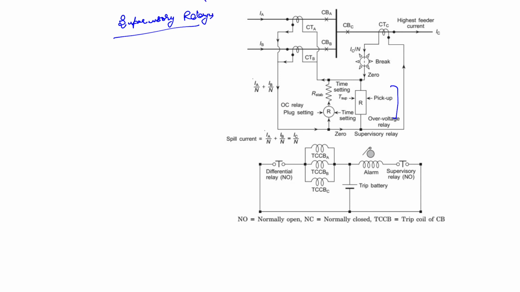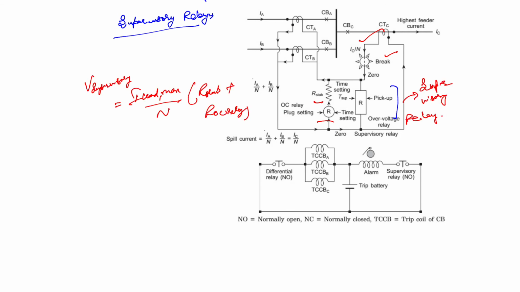So the function of this supervisory relay is as follows. When there is a break in the pilot wire coming from the secondary of the CT, it will cause a spill current equal to the current that was contributed by CT C before the break occurred, that is IC divided by N. This spill current develops a voltage across the series combination of R stabilizing and the overcurrent relay, which is sensed by the sensitive overvoltage relay, the supervisory relay.